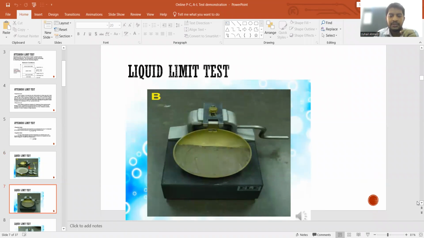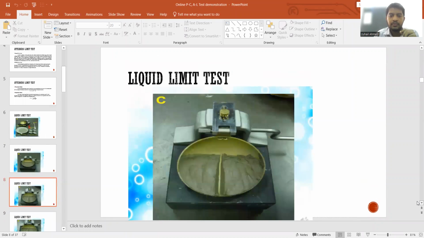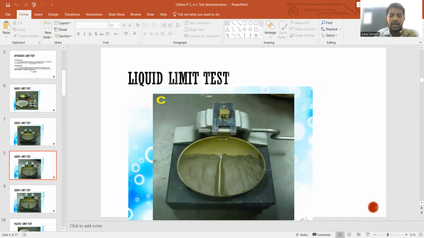After that, there is a grooving tool, a particular tool. Using that tool, you can make this kind of groove.